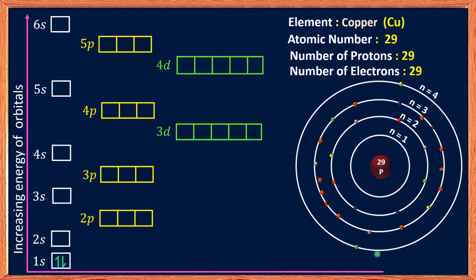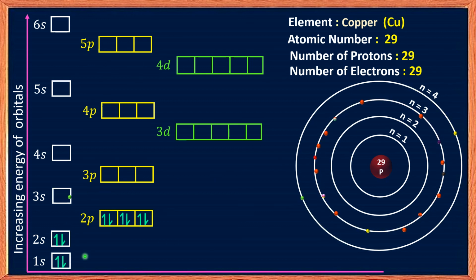Second electron, third electron, fourth electron, fifth electron, sixth electron, seventh electron. Next pairing starts. 10th electron.